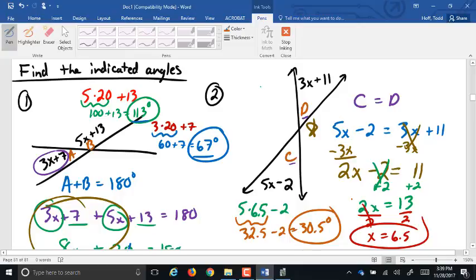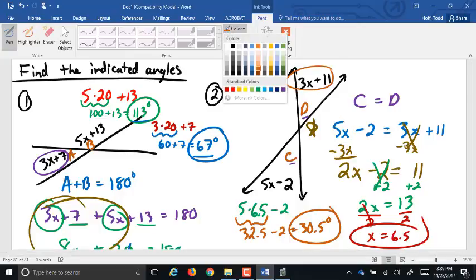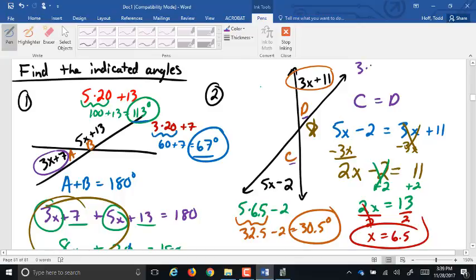Now we need to double check to make sure this other one turns out the same. 3 times 6.5 plus 11. 3 times 6.5 is 19.5. Plus 11 is 30.5 degrees. So they do come out to be the same. Both 30.5 degrees would be our answer.